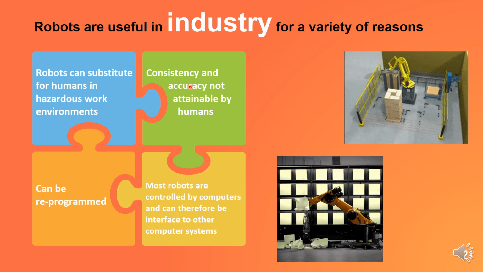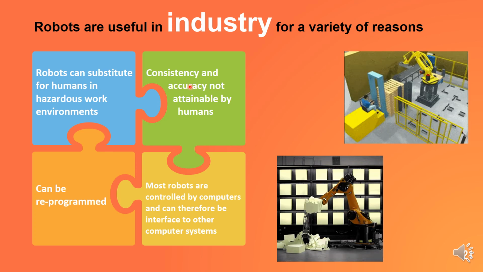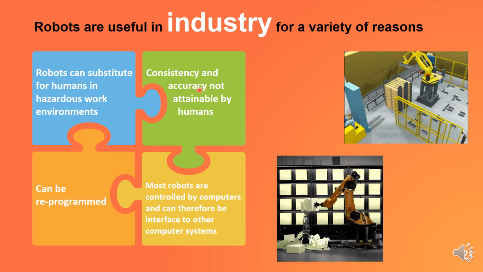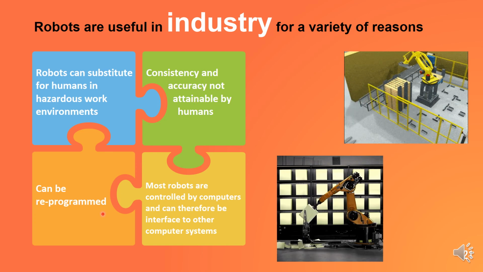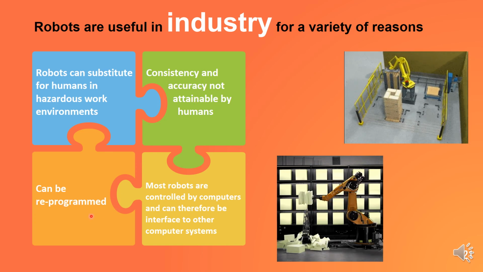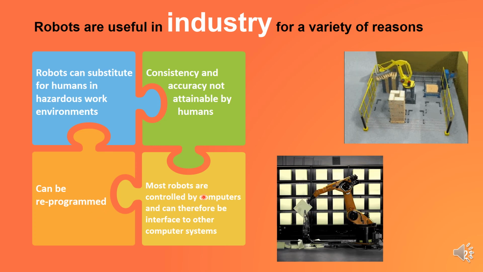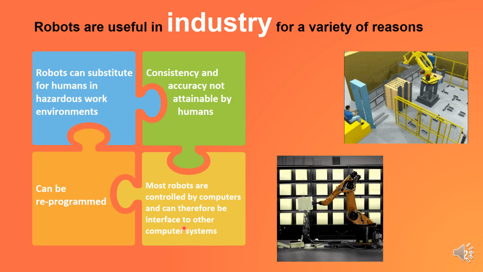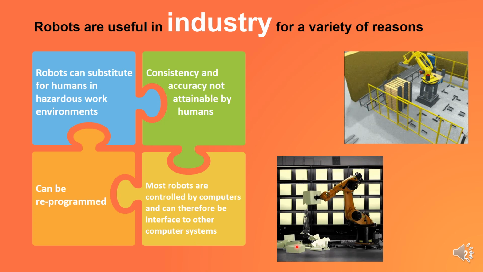Robots can do repetitive work, so robots have the ability to maintain the consistency and accuracy of the product. Robots can be reprogrammed, and most robots are controlled by computers. Therefore, robots can interface with computers.